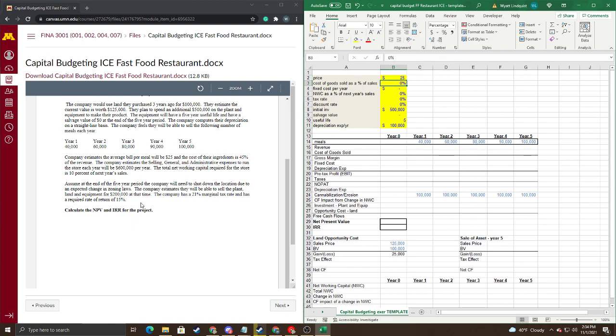The cost of their ingredients is 45% of revenue, so we'll just add in a 45%. And the fixed cost per year, that should be coming up. Yep, the company estimates SG&A expenses for the store to be around $600,000 per year. So there we go.